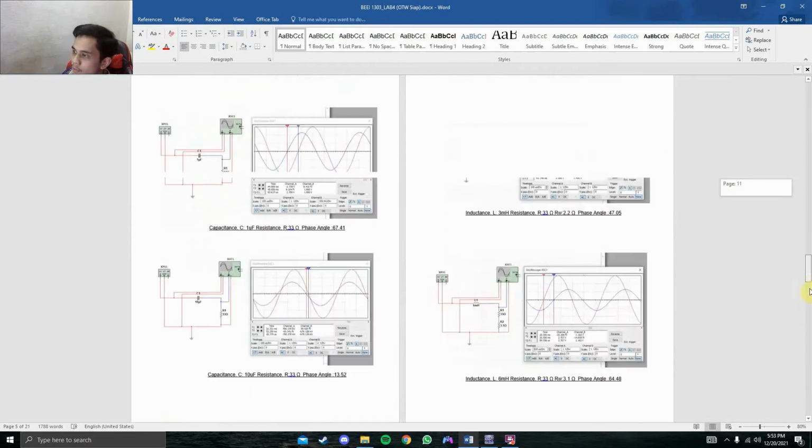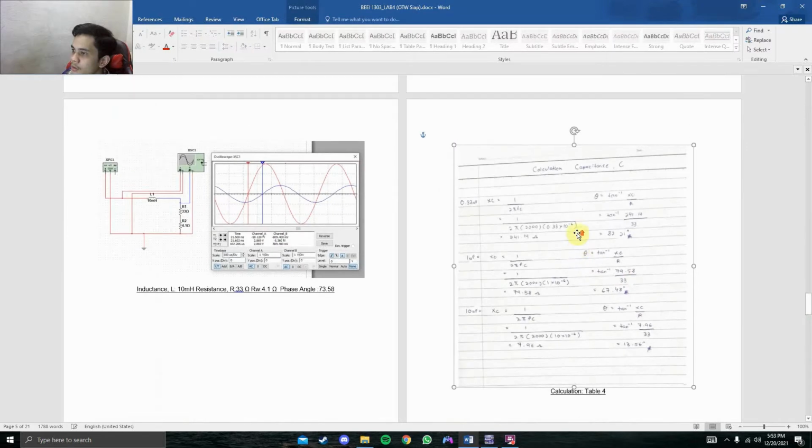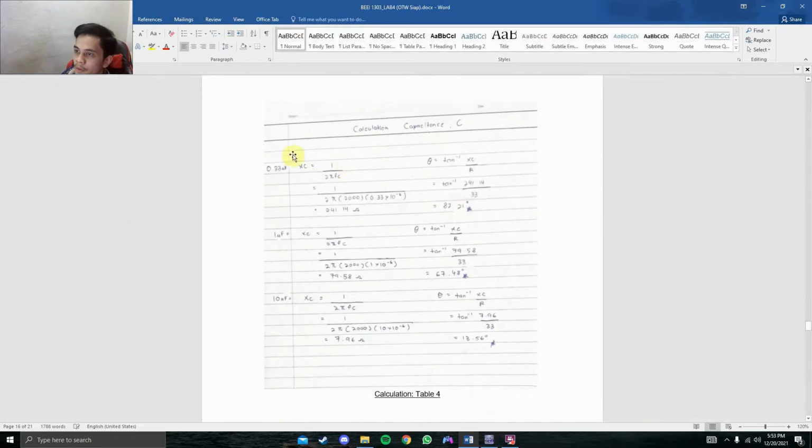The calculation for capacitance will be like this. First, we find the XC. XC is equal to 1 over 2 pi FC. Then we get 1 over 2 pi times 2k frequency times 0.33 microfarad, and then the answer is 241.14 ohm.